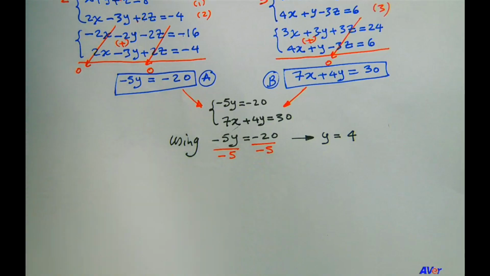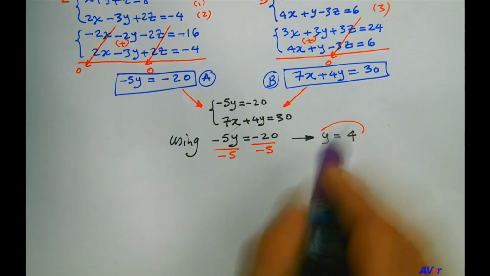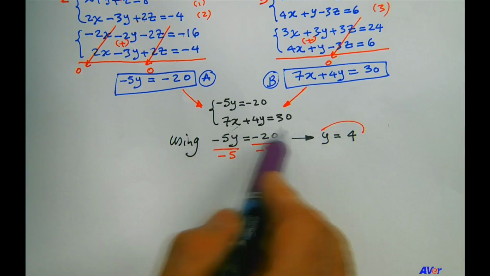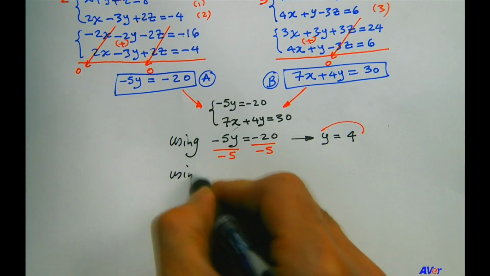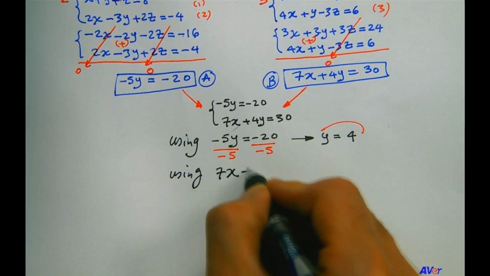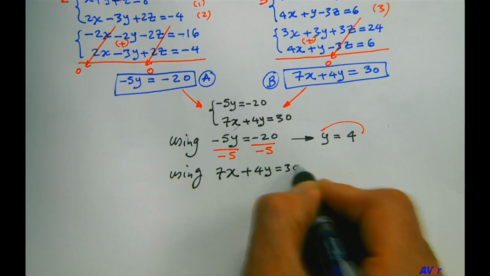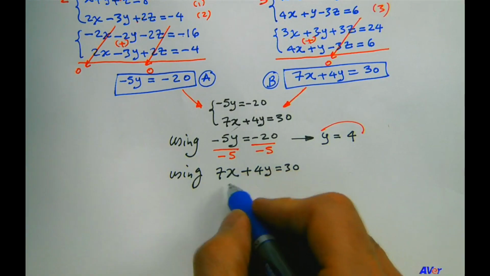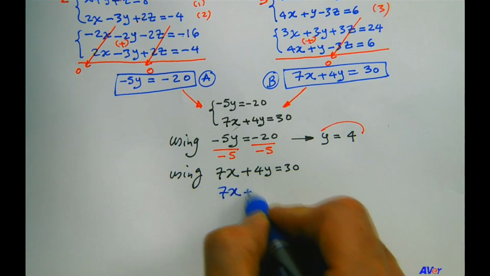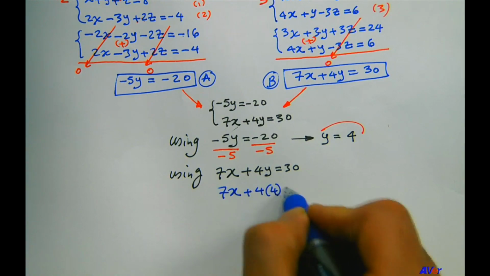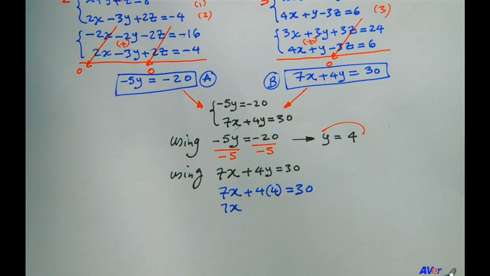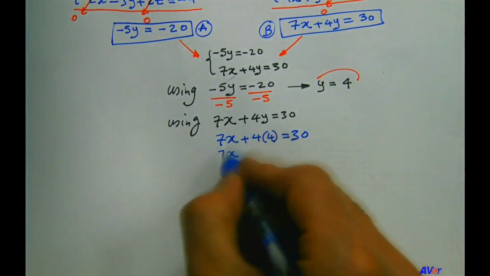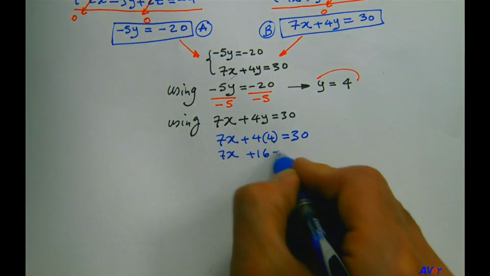So we were able to find y equals 4. Now let's find x by plugging that 4 into this bottom equation. Using 7x plus 4y equals 30 and substituting, we have 7x plus 4 times 4 equals 30. So 7x plus 16 equals 30.